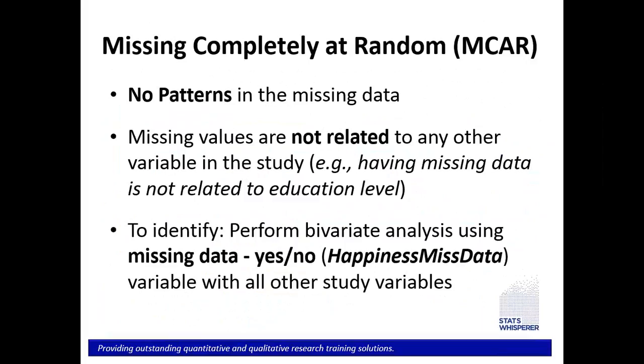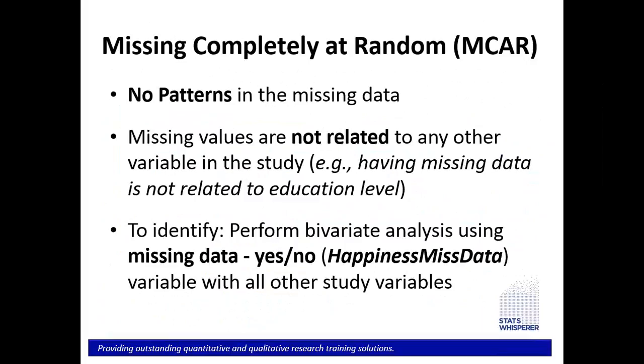So how can we identify if there's a pattern to the missingness? We haven't done bivariate analysis officially, so we're going to have a little preview here. Essentially, you would take our variable, happiness miss data, like are you missing data, yes or no, and we could do a bivariate analysis, a one-on-one analysis with each of the other study variables.